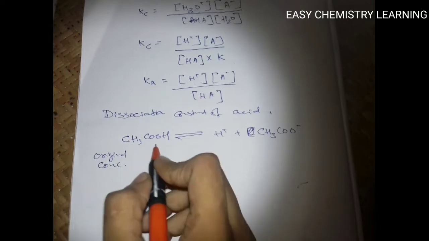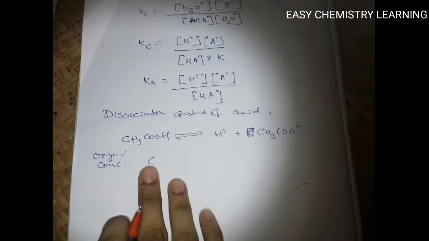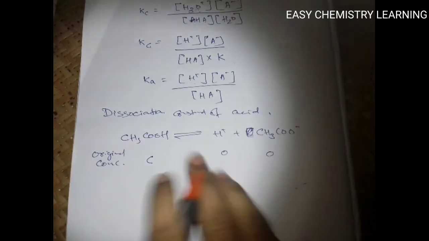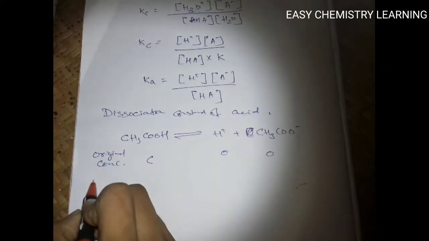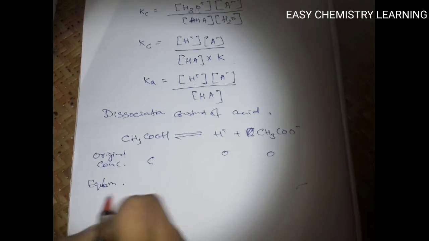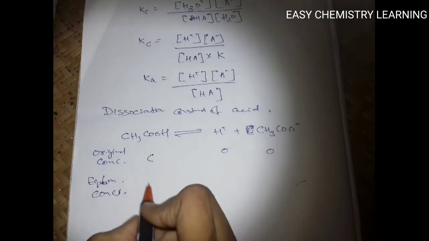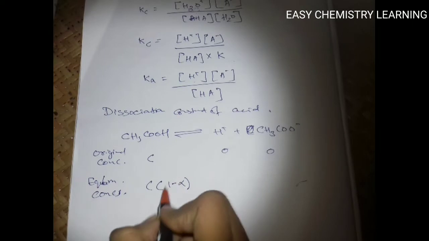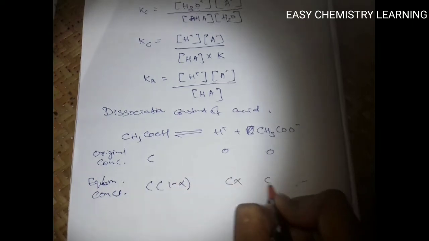Let us assume that the concentration is C. At the initial state it will not form any ions. At equilibrium, this C will dissociate to this much and form C alpha and C alpha.